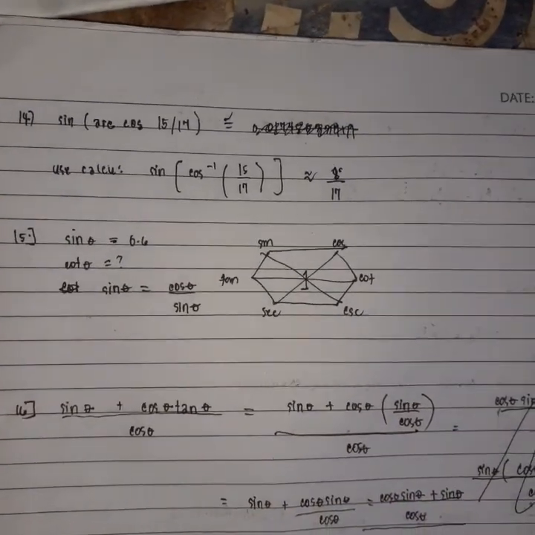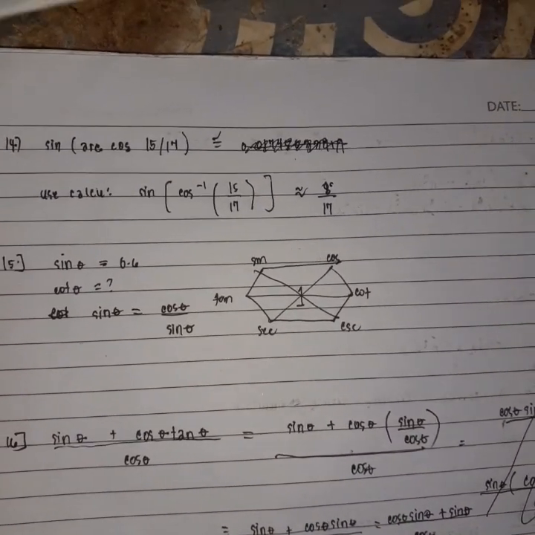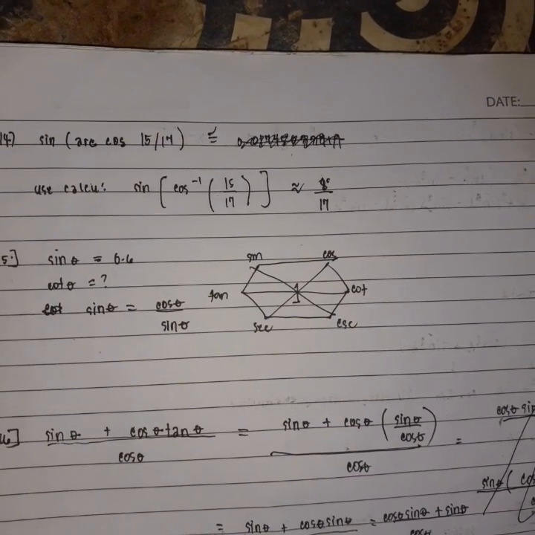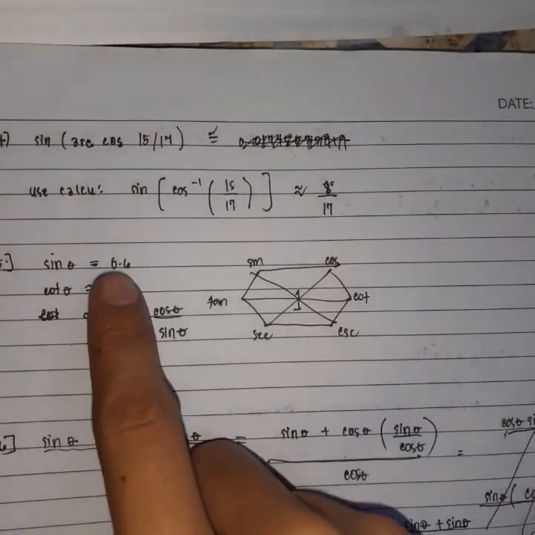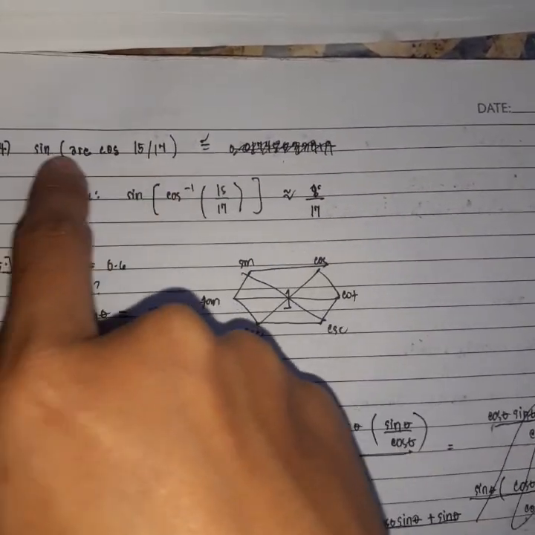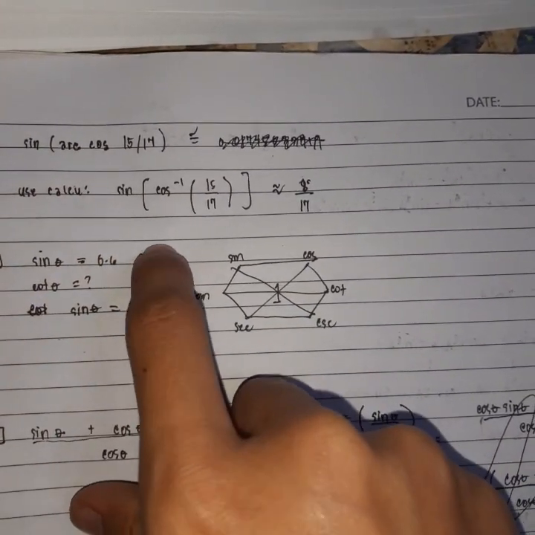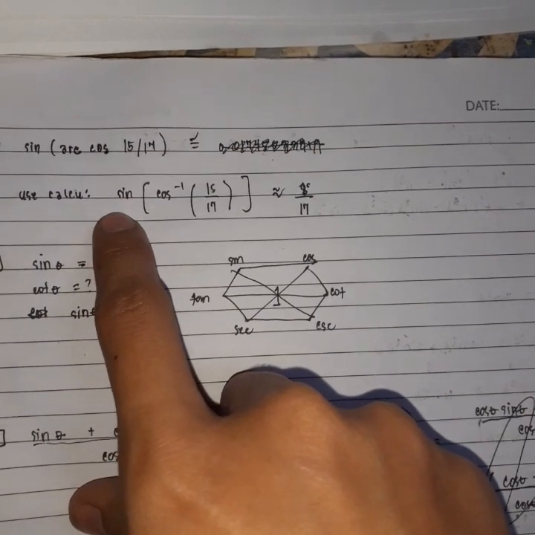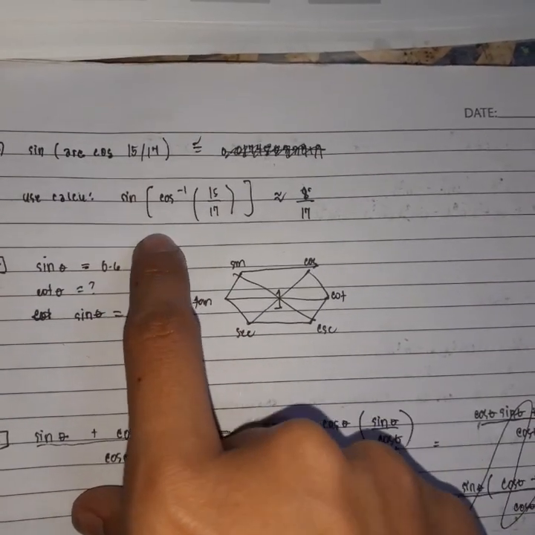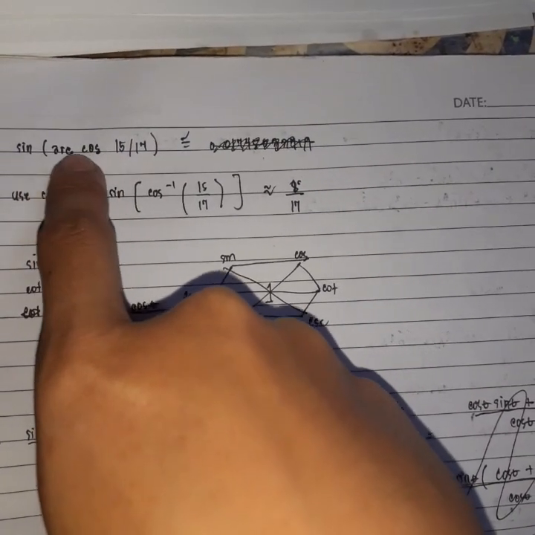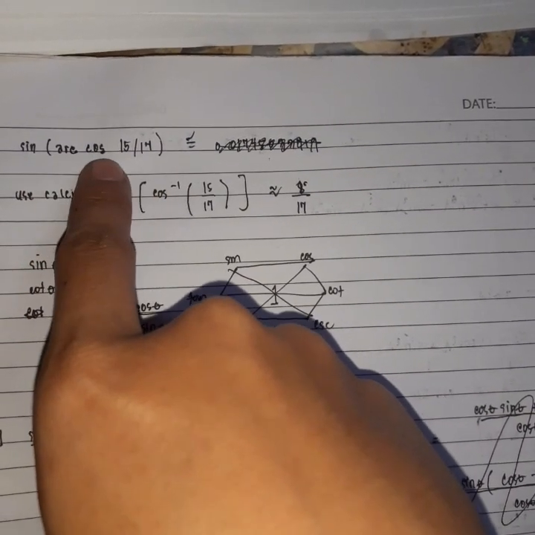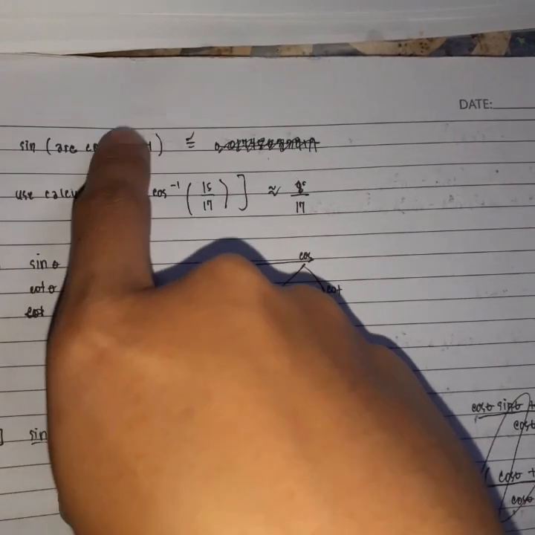In number 14, we have the question: find the value of sine of arc cos of 15 over 17. We need to find the value of this. Now in the calculator, input sine, and it will automatically open a parenthesis. Input shift cosine because the answer here is not in degrees.